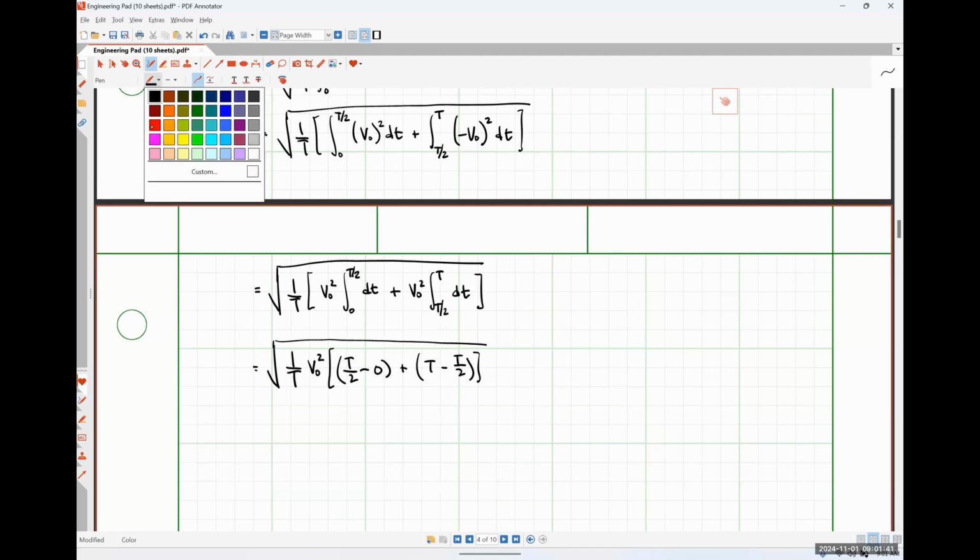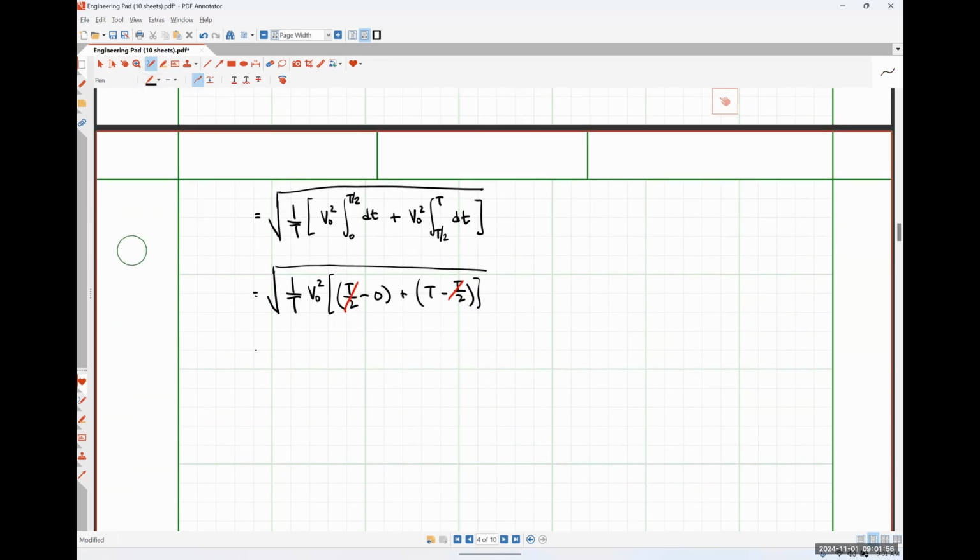So I have a positive capital T over 2 minus capital T over 2. So those guys cancel each other out. So what's left inside those brackets is just capital T minus 0. So that gives me effectively capital T over capital T times V naught squared, which is just V naught.